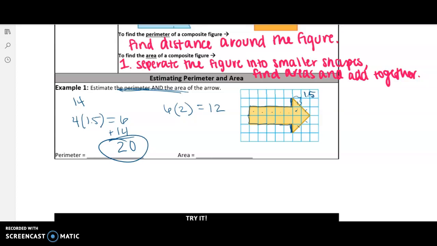So I'm going to say that there's 12 whole squares. And then these halves, well, they look like they're cut in half. So I'm going to say that there's 4 cut in half. And that gives me 2. And then I'm going to add those together. And I would say that my area, which is how many filled in squares I have, would be about 14.